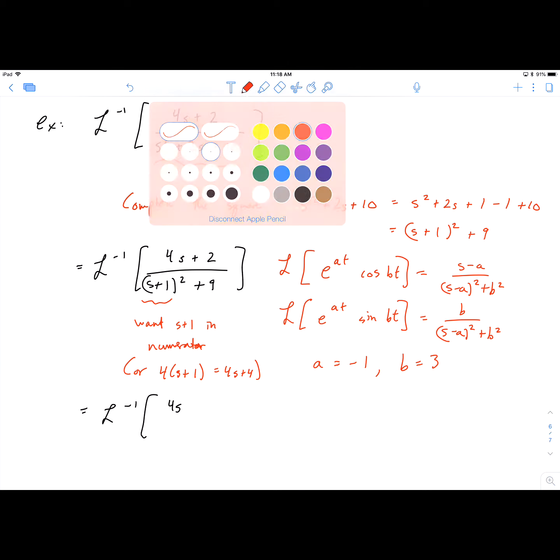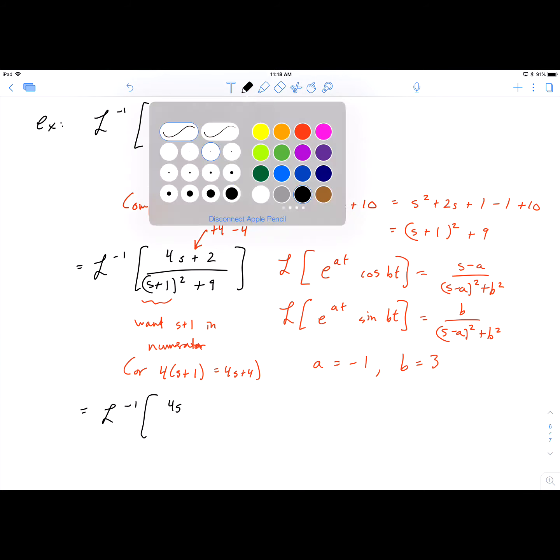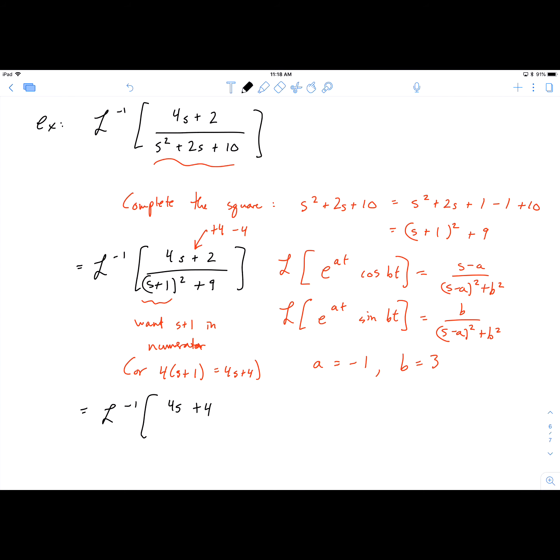So what we're going to do is insert a plus 4 and a minus 4 to balance each other. So we're not actually changing anything as long as we add and subtract the same piece. So we would get 4s plus 4, and then the minus 4 and the 2 would be minus 2. If you need to look at that a couple of times to make sense of it, this is where things just get complicated in the details of adjusting these constants as needed.